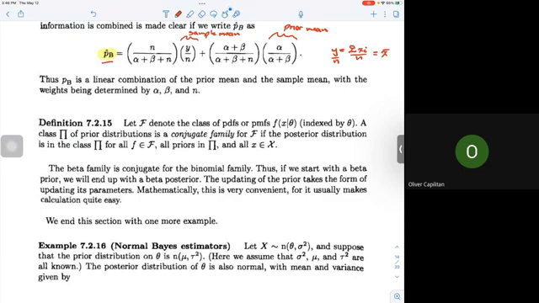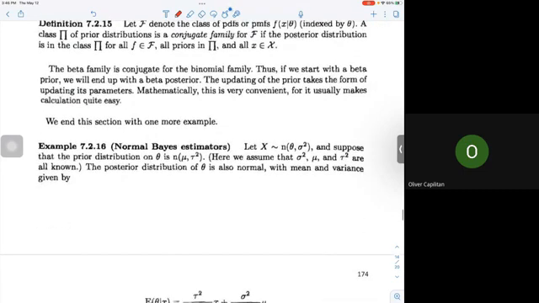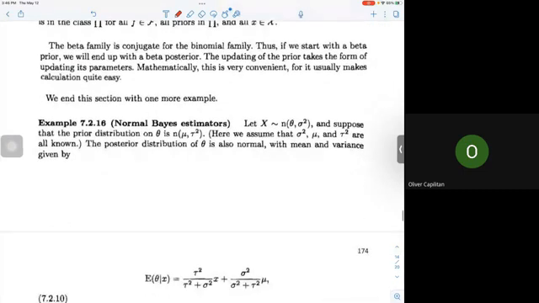So we end this section regarding the Bayes estimation with another example. So we have the normal Bayes estimators. We let X have a normal distribution with mean theta and variance sigma square. And then suppose that the prior distribution of our mean theta is also normal with mean mu and variance tau square.